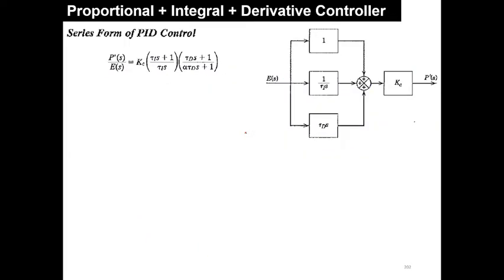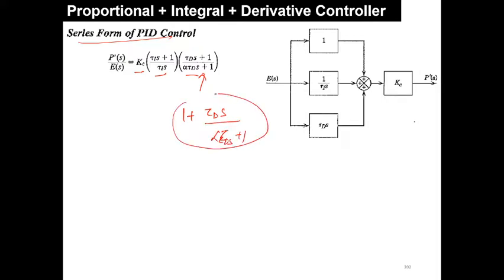Now come to the next, that is the series form of the PID controller. In the series form, we have just multiplied the proportional, integral and derivative controllers. We are writing it in the filter form: 1 plus tau D s over alpha tau D s plus 1.